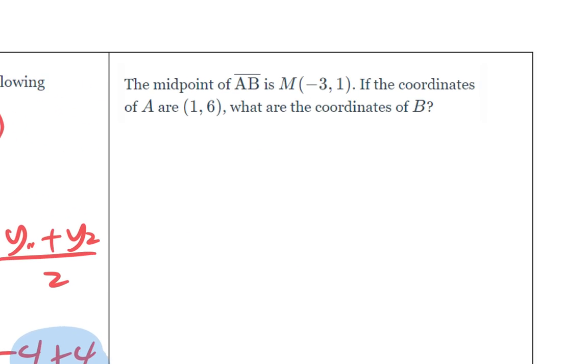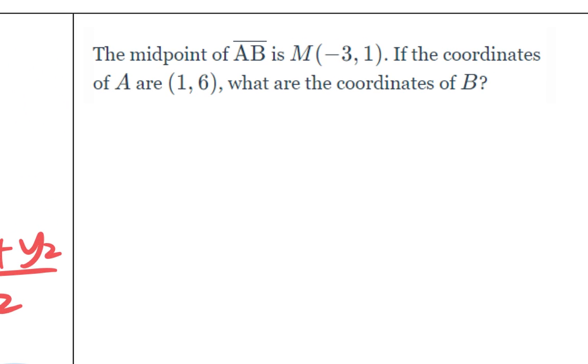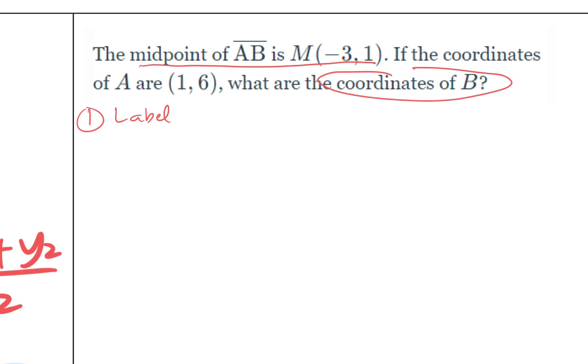All right, next, let's keep it moving. This is setting it up on the next level. Now they give us the midpoint. They want to know what B is. The first step we want to do is label A, M, and then B. A, M in the middle, and then B. Then we put our points. We know A is on one end, B is on the other.